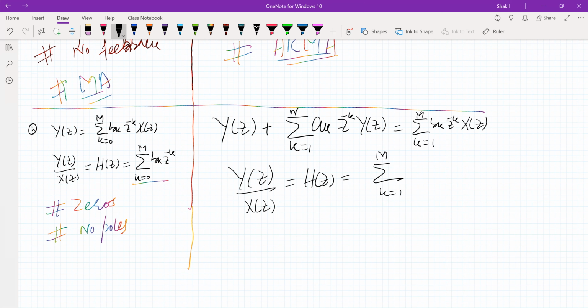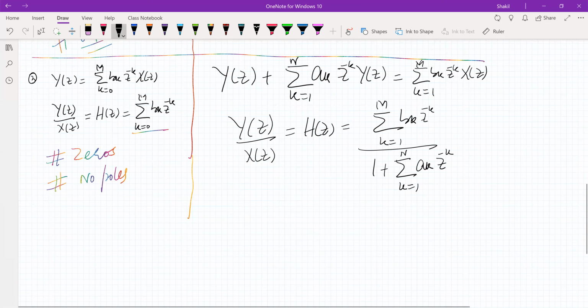We have derived it so many times. 1 plus summation k running from 1 to M a_k z to the minus k. So this is the transfer function of this system, right?